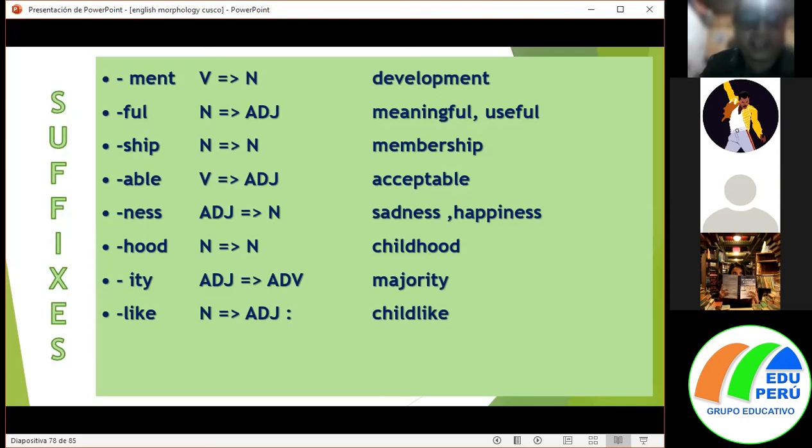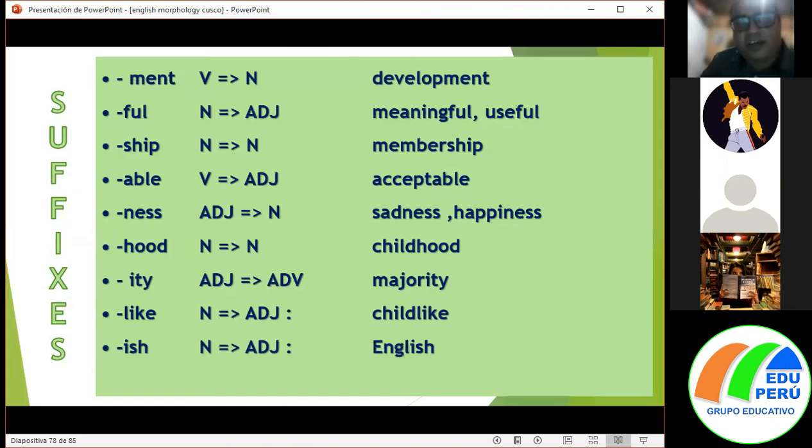It means that you're behaving like a child. You say, oh, you're behaving like a child. So you can say you are childlike, because here it is an adjective. Oh, you are a childlike person. All right. So notice here, how do we use this suffix?